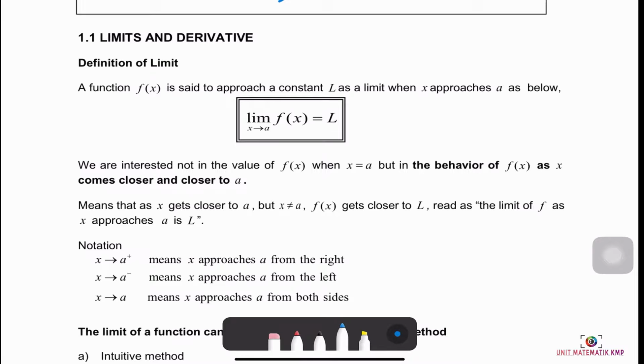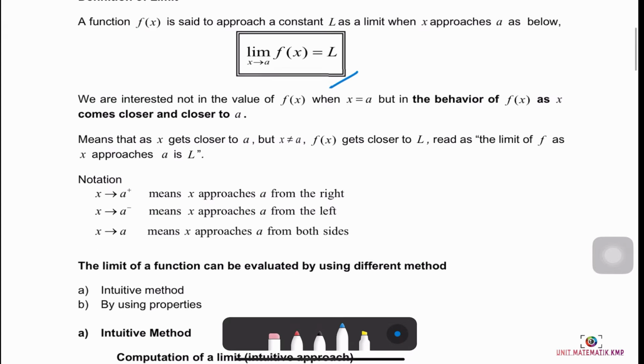(1.1) Limits and derivative. Definitions of limits. A function f(x) is said to approach a constant L as a limit when x approaches a as below. So here we have limit f(x) when x approaches a equals L. We are interested not in the value of f(x) when x equals a, but in the behavior of f(x) as x comes closer and closer to a.